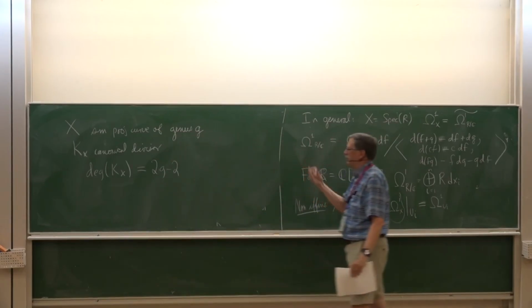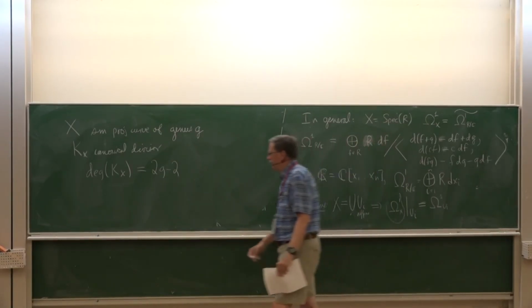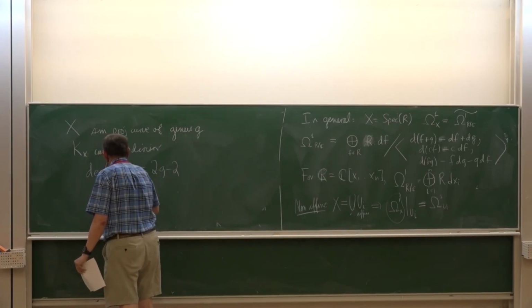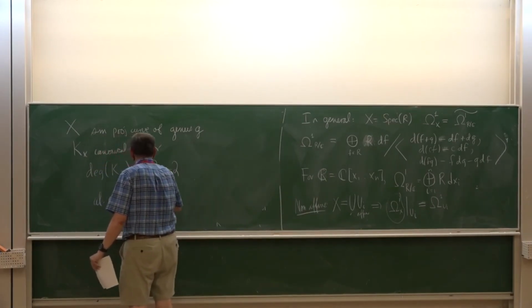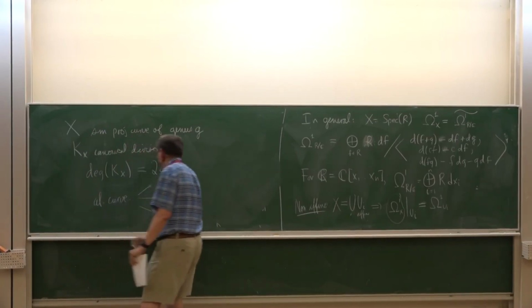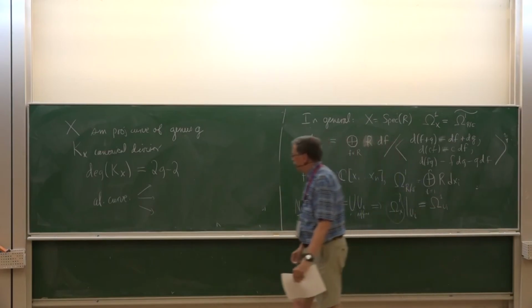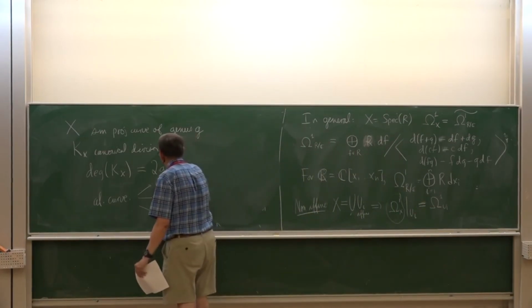And it turns out that when you classify algebraic curves, they basically come in 3 flavors. There's the genus 0 curves. They're rational.